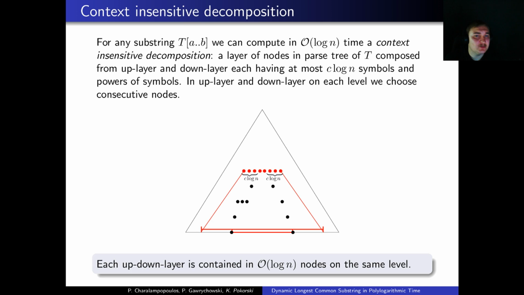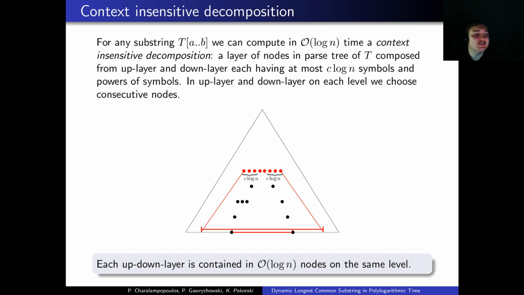But anyway, no matter if there are runs or not, any substring can be explained as an up-down layer, and this up-down layer is always contained in roughly log n nodes, like O of log n nodes on the same level. So we can find this red level with these red nodes on the picture, and this will be our anchor.